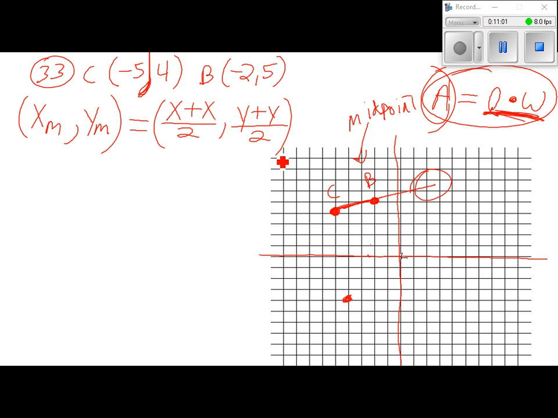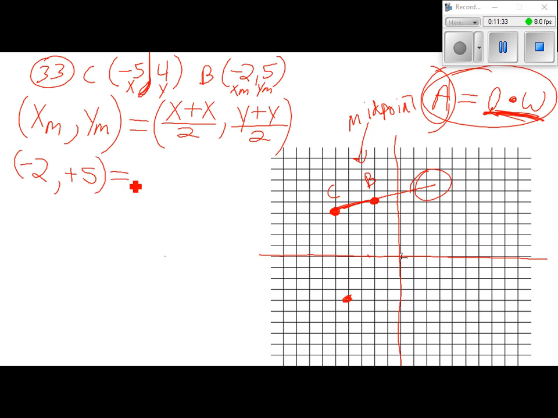I go up here, they told us one of these, which one was the midpoint? B was, right? So this is our x sub m, that's our y sub m. This is one of our x's, that's one of our y's, and we don't know the other. What am I going to put in place of x sub m right here? -2, comma, 5, just positive 5, right?